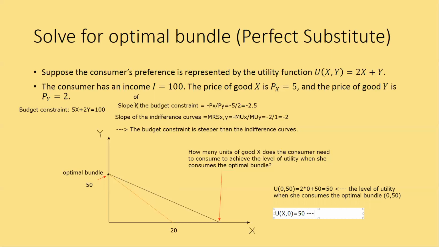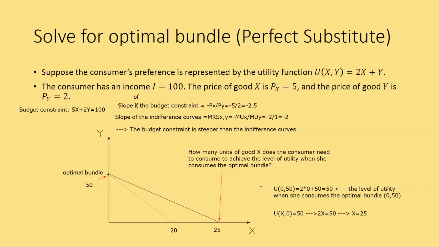And this implies that we have 2x equals 50, or to say that x equals 25, which is higher than 20 units. And we know that even if she spent all her income consuming good X, she can consume only 20 units, and 25 units is not affordable on her budget. So this point, 25, is outside the budget line.